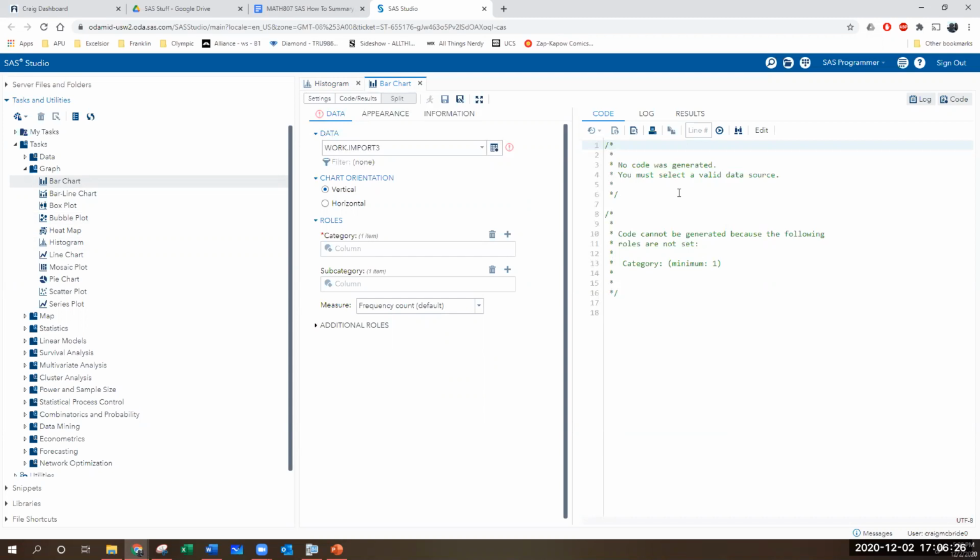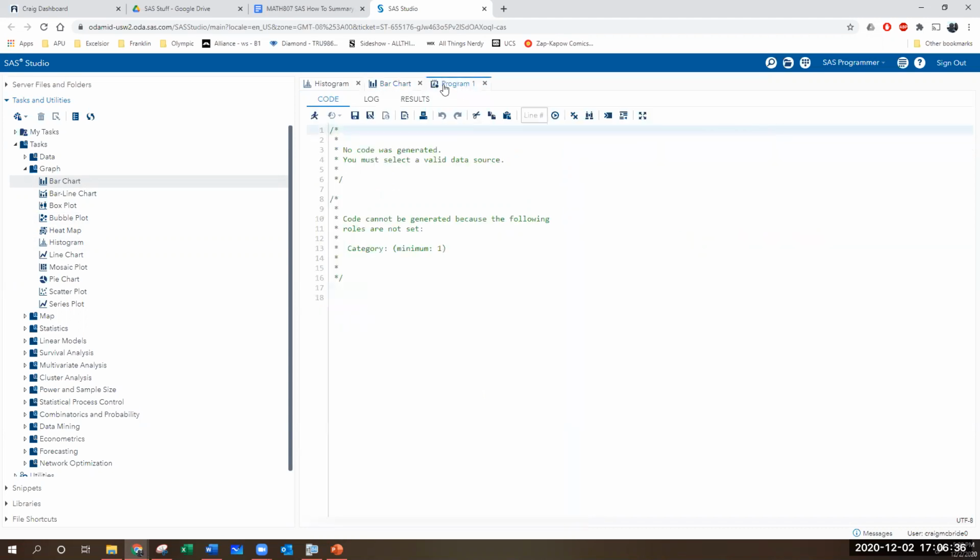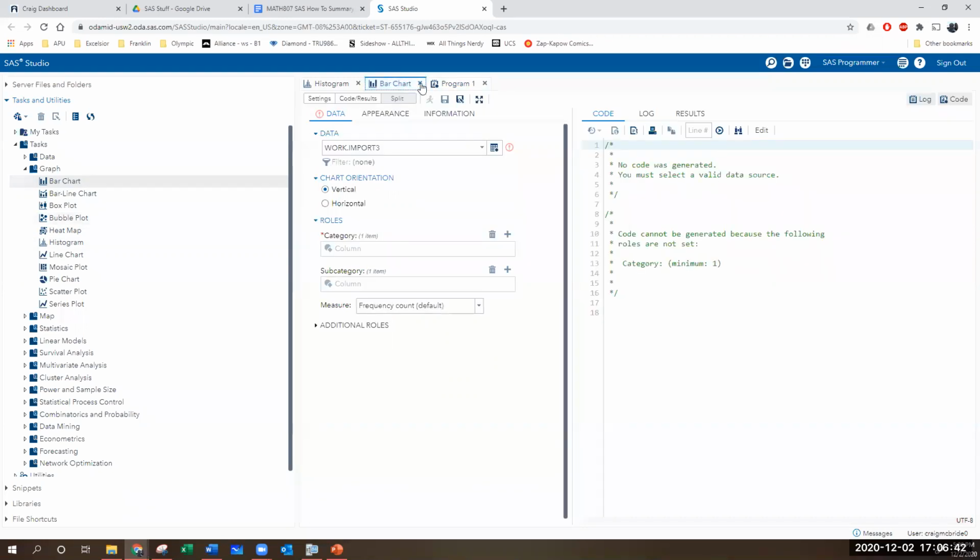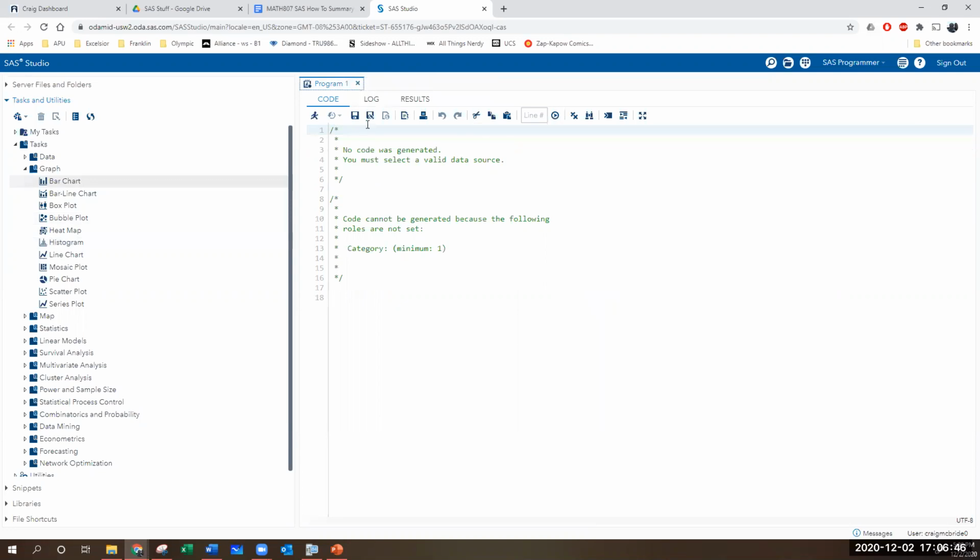So the whole point is just open any of these functions. It doesn't matter which, but once you have one open, if you click on edit, you'll see that it creates a new one that says program 1. Now you can get rid of the others; all you care about is program 1.